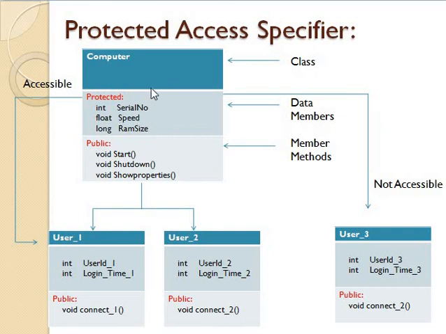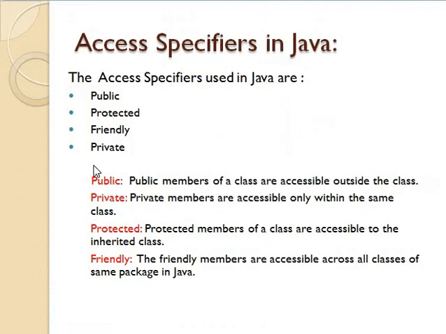So keep in mind that whenever the data members are declared of type protected as the access specifier, they shall be accessible within their own class as well as to their inherited classes. The next type of access specifier used in Java is the friendly access specifier.